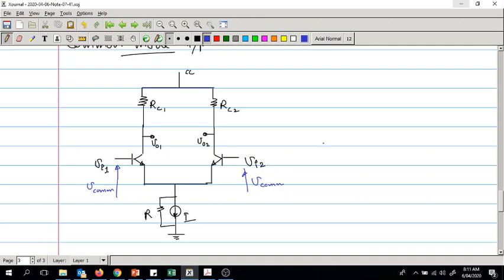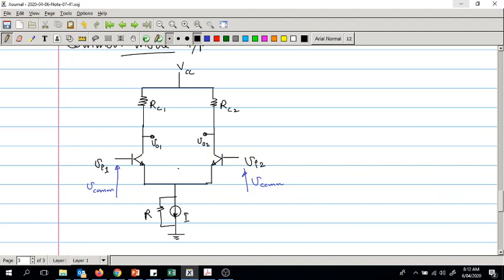Let's say you are giving a differential input between Vi1 and Vi2. There can be noise which is a common mode signal. The two terminals would have the same noise. So we see what would happen to that common mode noise. That is why we look into this common mode: if you apply a common mode signal, what would happen?